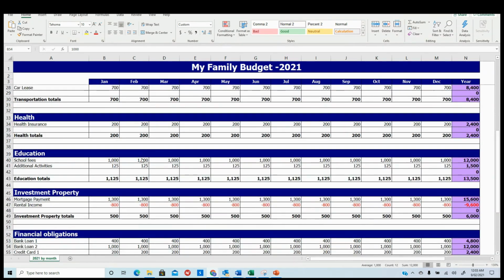We also have an investment property. Some families may have invested in a property, so we've got a mortgage, which is represented by this line because a mortgage is an expense. But you will also note that I have offset it with income, right? Because an investment property will be giving you an income.